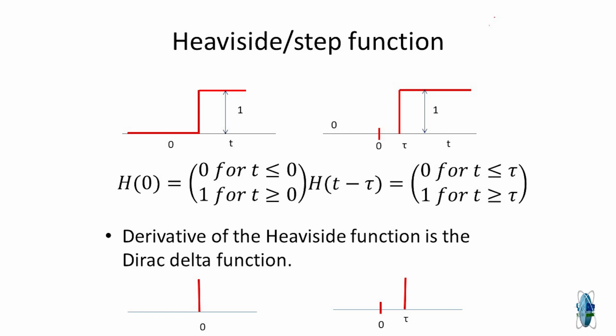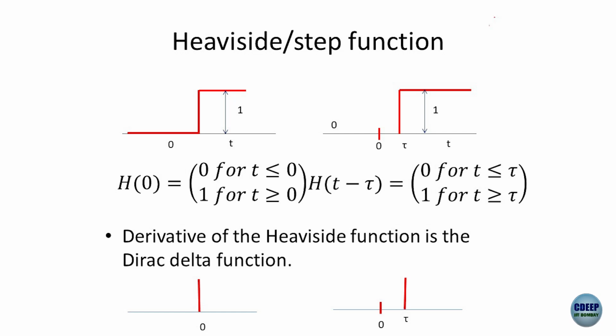So we define the so-called Heaviside function as having a value of 0 for t less than or equal to 0, and for t greater than 0, it is going to be unity. Okay, so this is the definition of the Heaviside function.